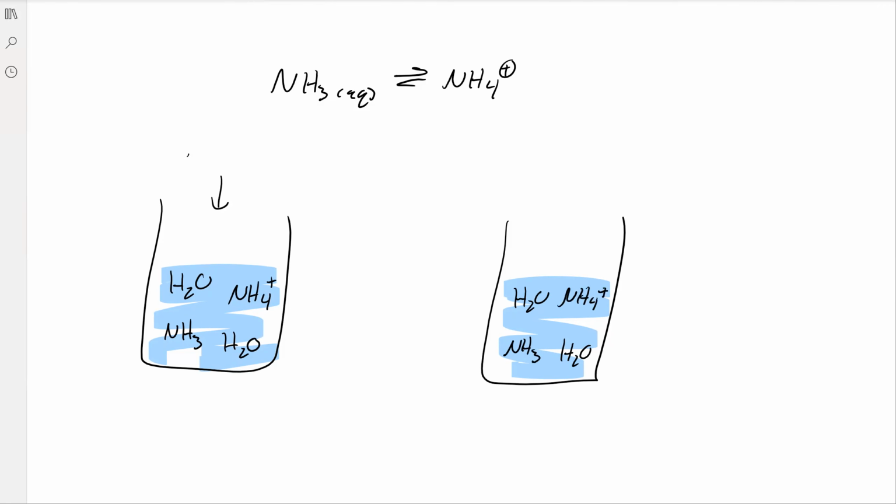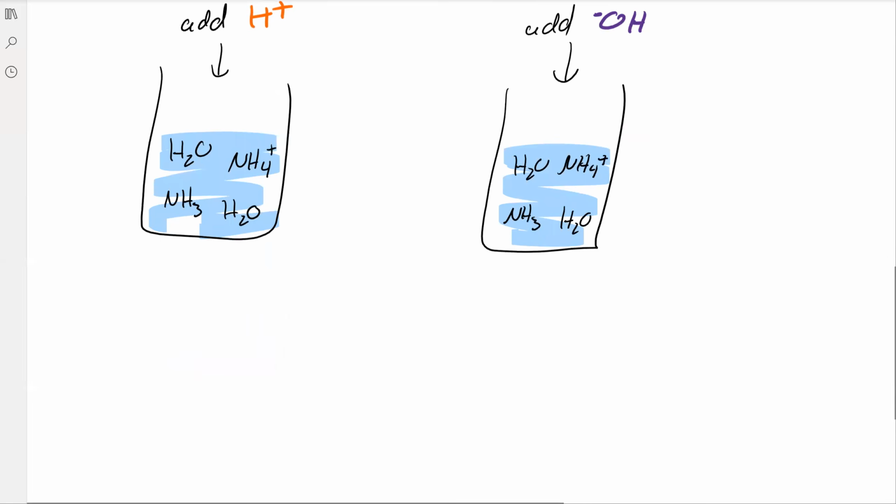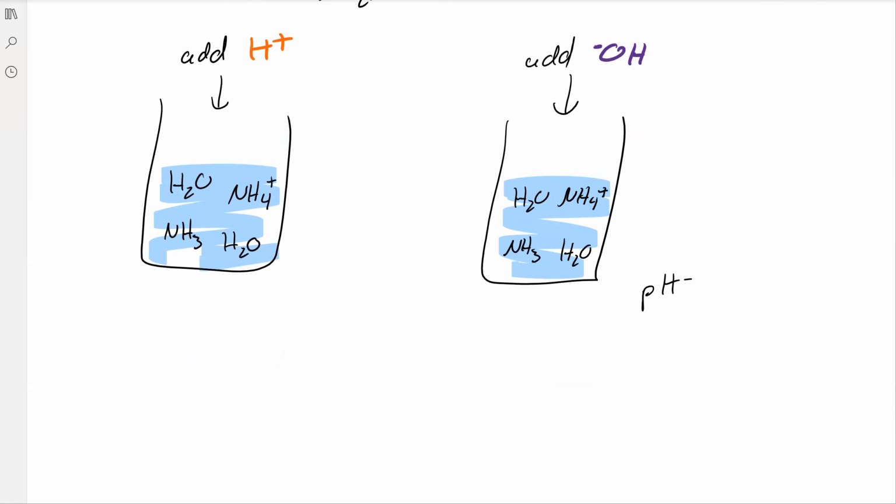To one of them, we're going to add some H plus, so we're gonna add some acid. And to the other one, we're gonna add some base, some hydroxide, OH minus. And remember, the pH is a measure of the concentration of the H plus or H3O plus.